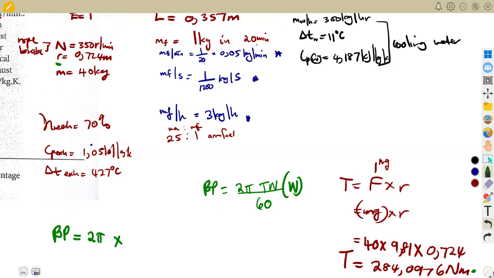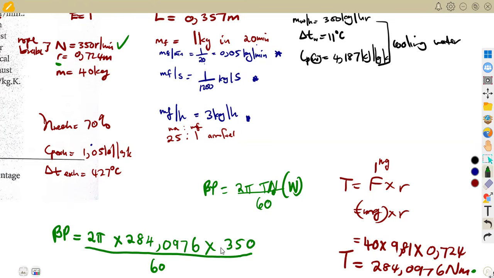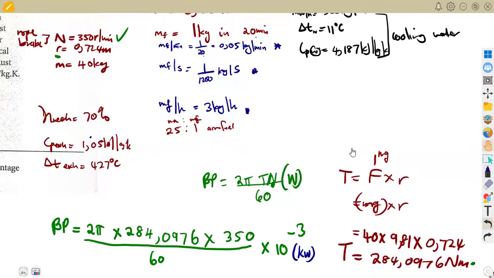So it's 2 pi times the given torque, 284,0976, times n, the speed in revolutions per minute as it is given here, that is 350 over 60. Like I said, once you use it like this, your answer is going to be in watts. To convert to kilowatts, you multiply by 10 to the exponent of -3, and your answer automatically is going to be in kilowatts.